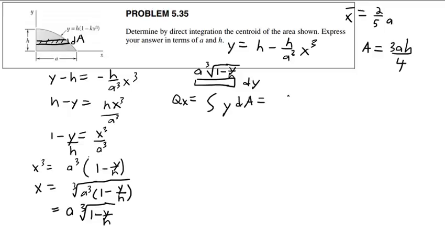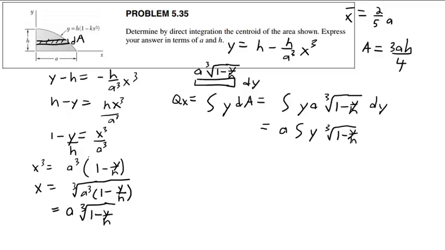So that's the integral of y times a cubed root of 1 minus y over h dy, which is then equal to, I can pull out the a, a times the integral of y cubed root of 1 minus y over h dy, from 0 to h. This is qx.